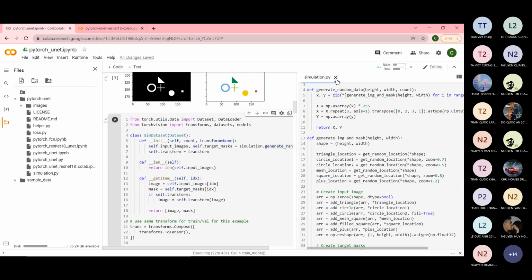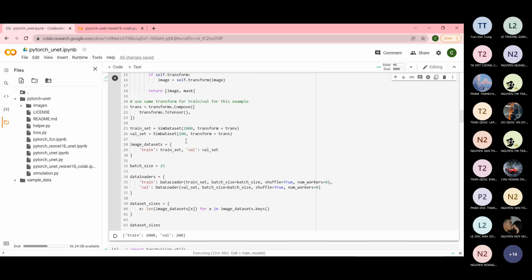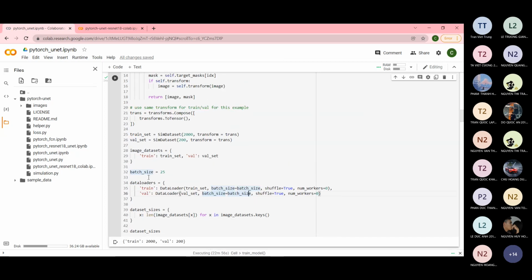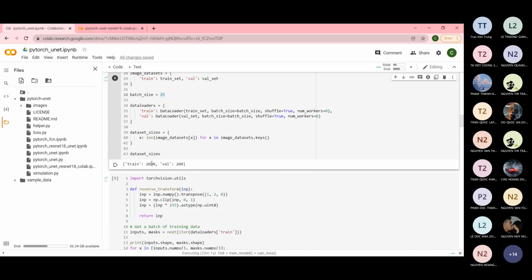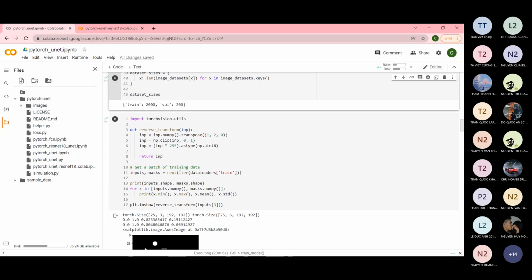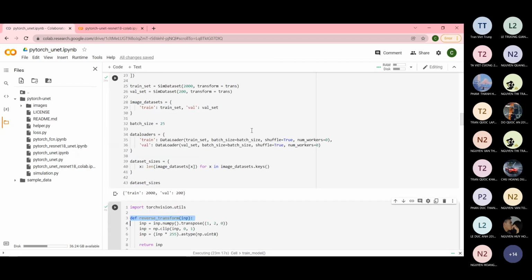So after that, we have a dataset that we just generated, and we declare the data loader here, nothing special. Batch size equal to 25, and as you can see here, the train dataset has 2,000 samples, and they declare the reverse transform here. I think it is the reverse function of the transform that we used in the data loader.